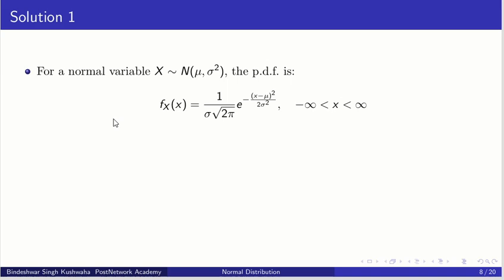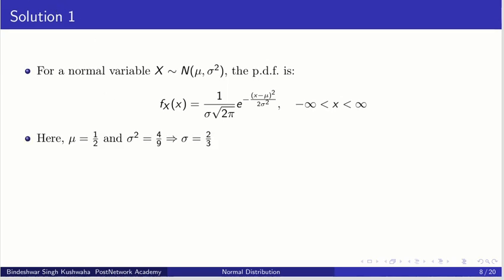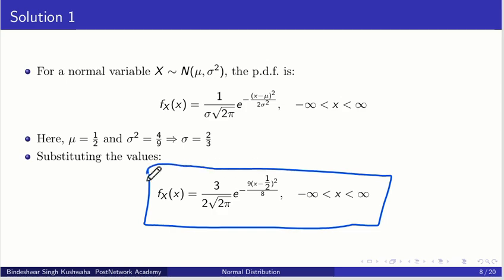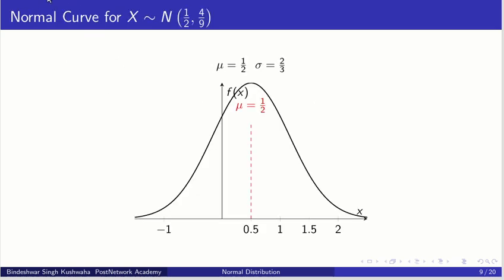Here the mean is half and the variance is 4 upon 9, so the standard deviation is 2 upon 3. Just plug in the values and we will get this probability density function. Now plot it. Here is the plotted normal distribution.